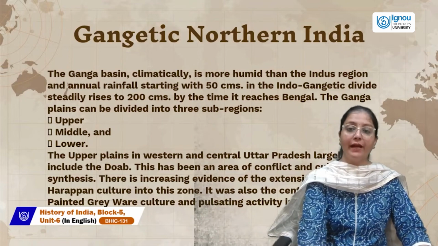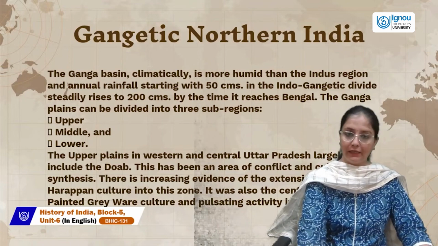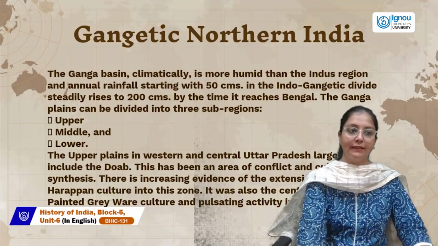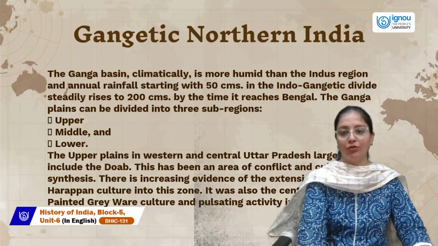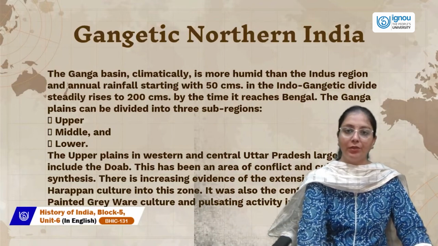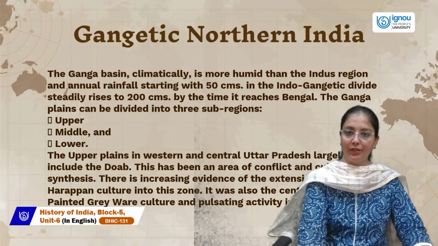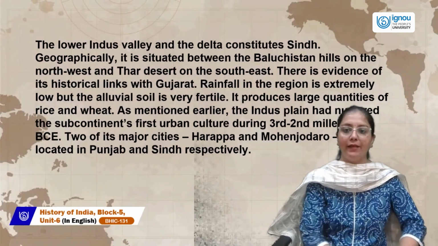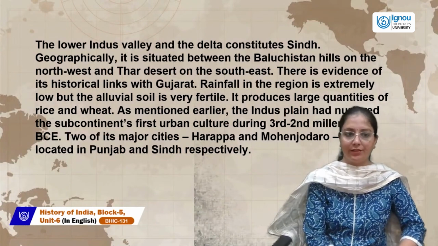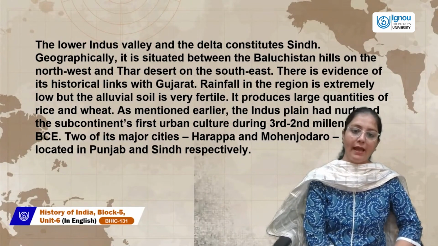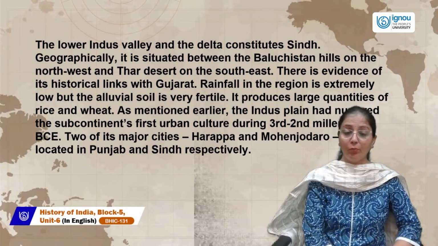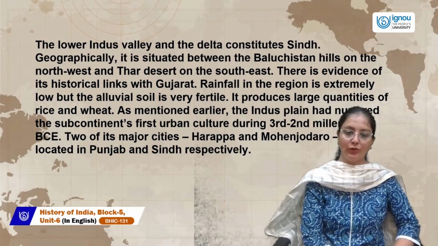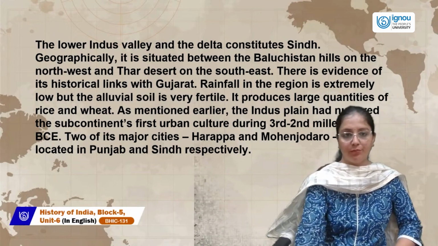The Vedic period is divided into two parts: the early Vedic period, from 1500 to 1000 BCE, and the later Vedic period, from 1000 BCE to 500 BCE. Harappa and Mohenjo-daro were the two major cities, located in Punjab and Sindh. They were both very developed cities at that time, in the Indus Valley Civilization period.